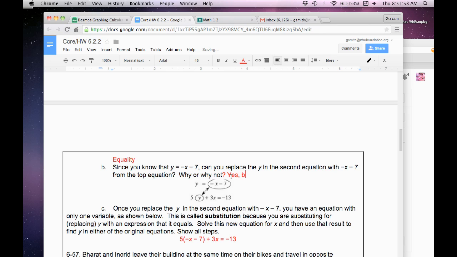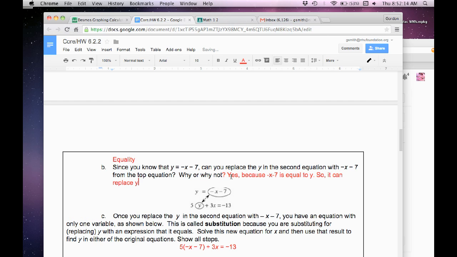Yes, because the negative x minus 7 is equal to y, so it can replace y. And it's sort of related to what we said before. If a is equal to b, then b is equal to a. So if this is equal to this, then wherever we see this, we can replace it with this.